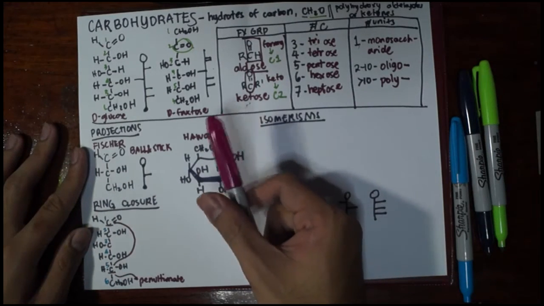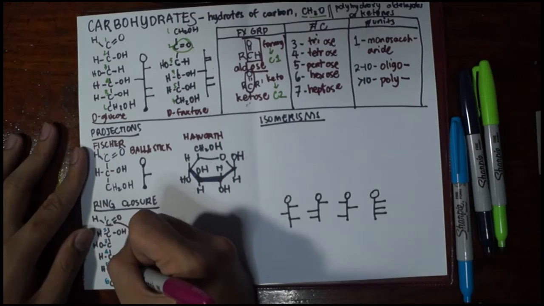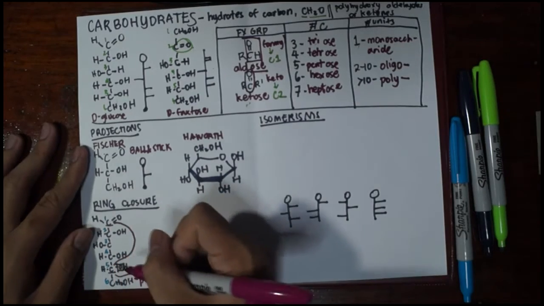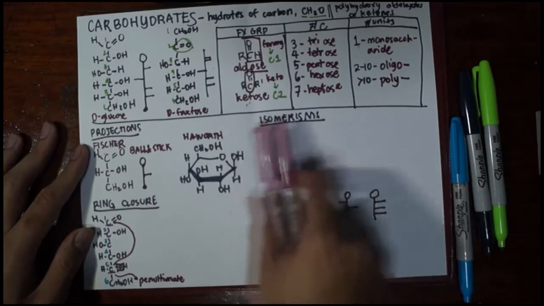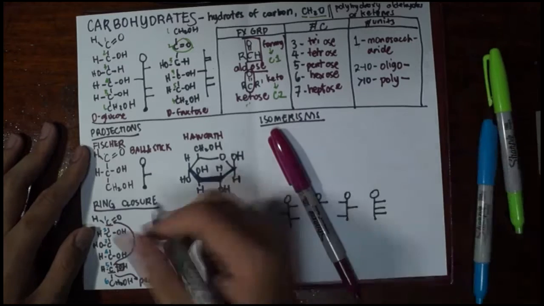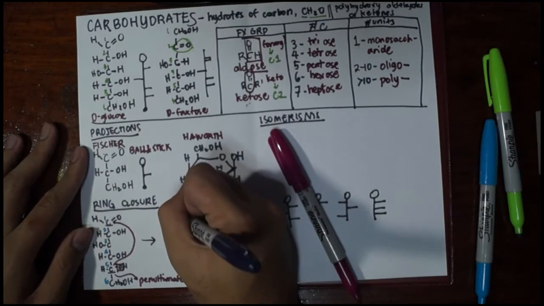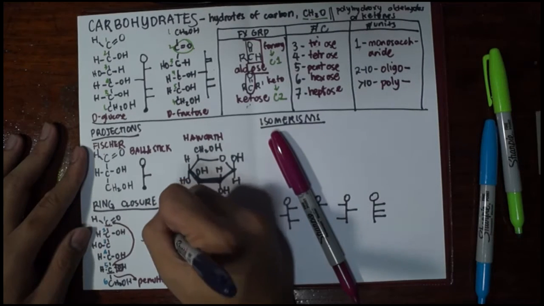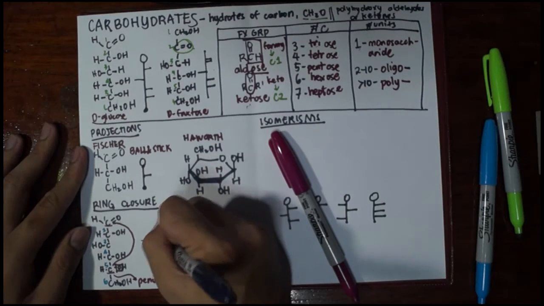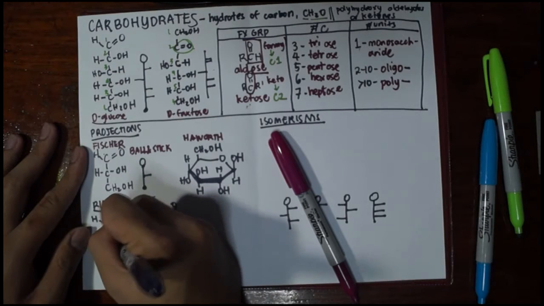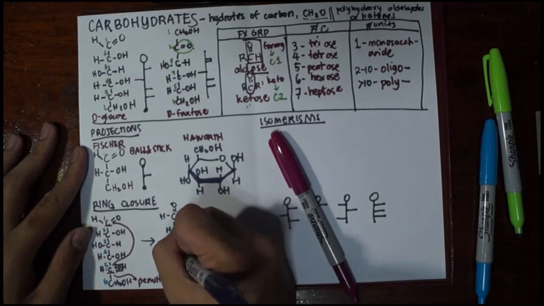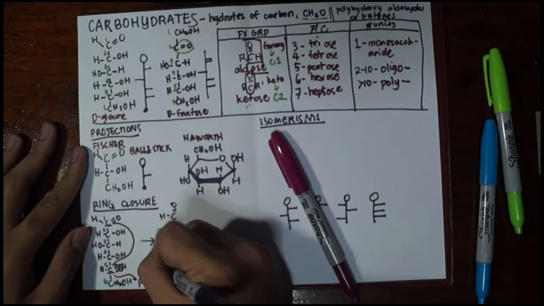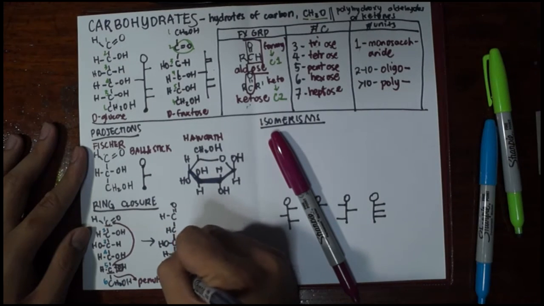Here, the oxygen in the penultimate hydroxyl would serve as a bridge. So how would that bridge look? Let's draw this again. Nothing much changes. This is the penultimate carbon, the one I put here.